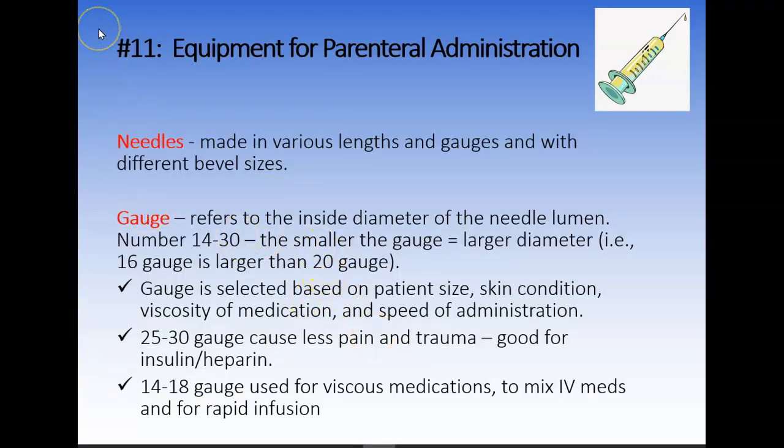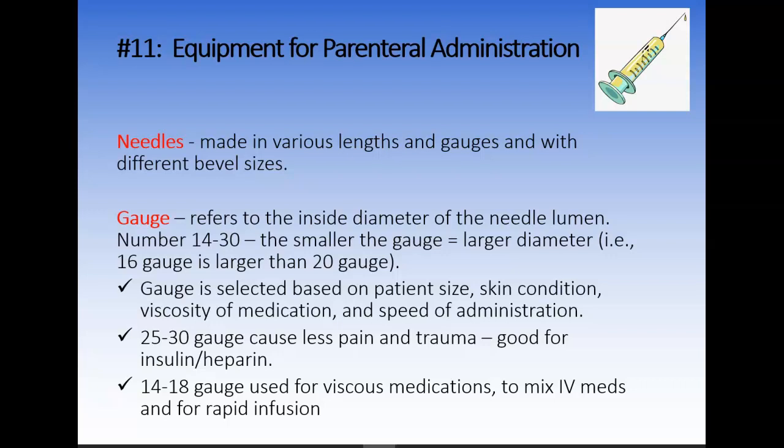Okay, so some equipment. Needles are made in various lengths and gauges. If you're going to give an IM injection, you're going to need a longer needle. If you're going to give a very viscous medication, you need a larger gauge needle to get it through that area. The gauge refers to the inner diameter of the needle lumen, and it goes from 14 to 30.